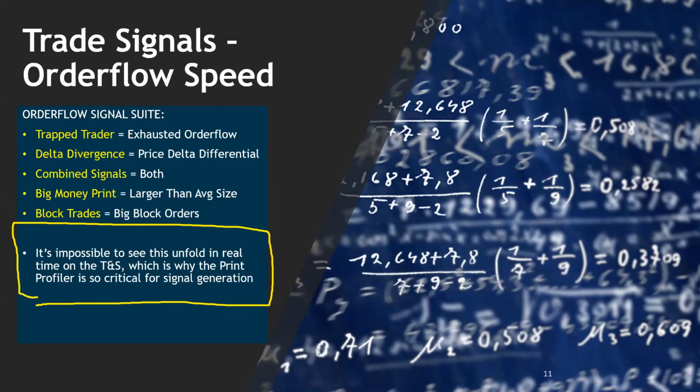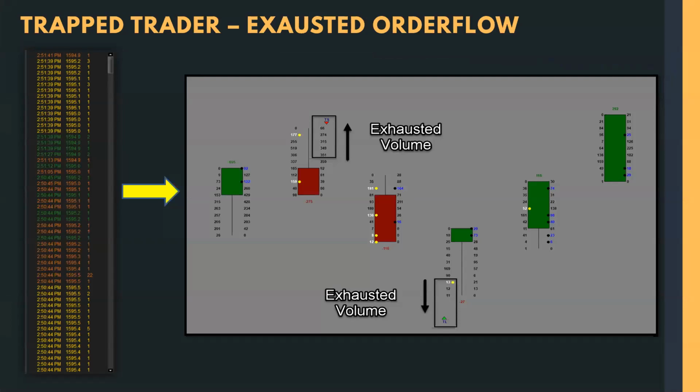So guys, I'm really excited here. We're going to start talking about some order flow signals, okay? The first one is about exhausted volume and exhausted order flow. We take the data from the time and sales. This stuff is moving super fast.